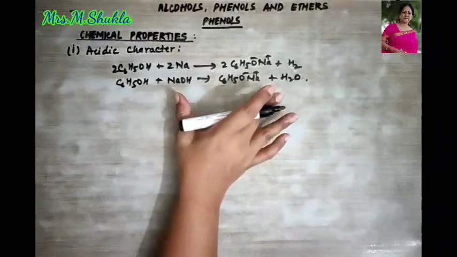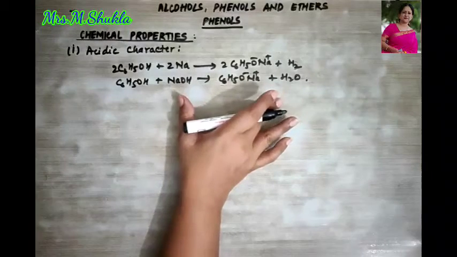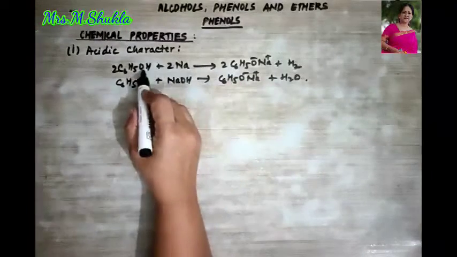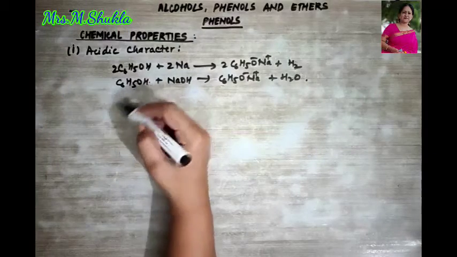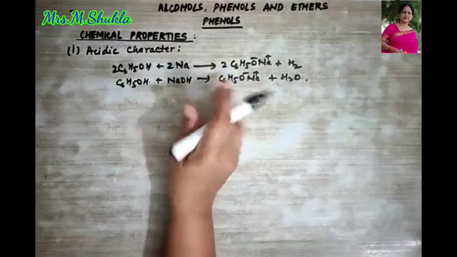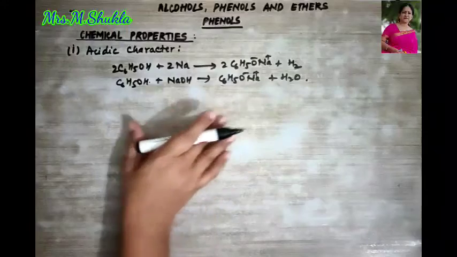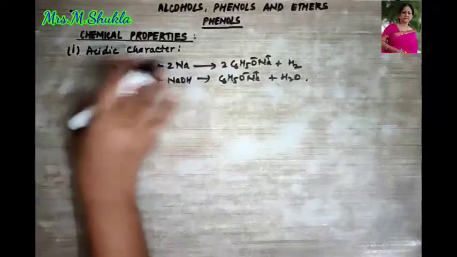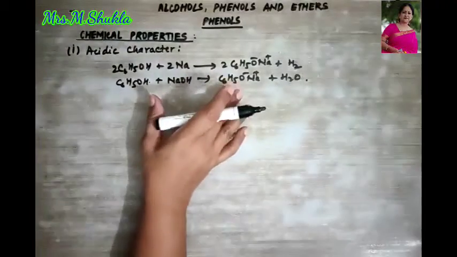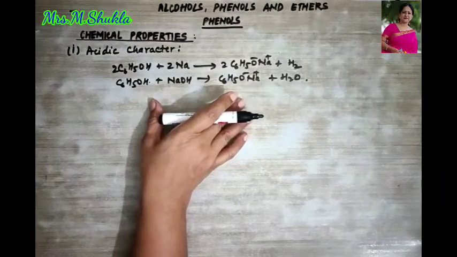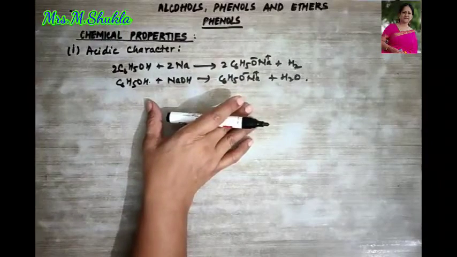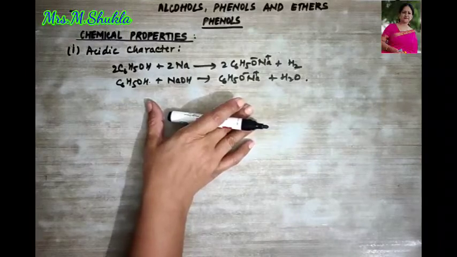Clear? So this acidic character of phenol, it is mainly due to what? Due to the presence of this OH group and the resonance stabilization of the phenoxide ion. So now I will explain this acidic character in more detail, talking about the resonance stabilization of the phenoxide ion. Clear?